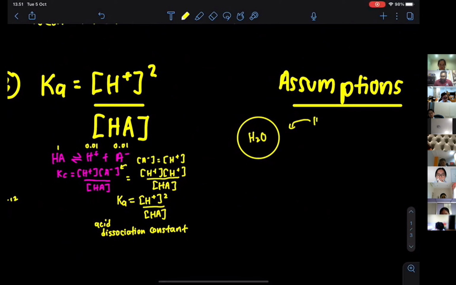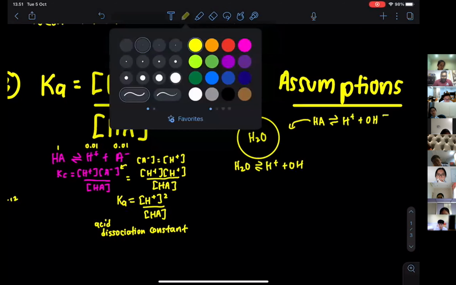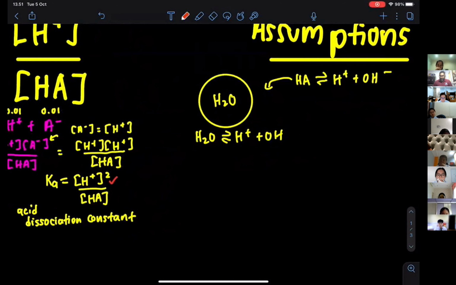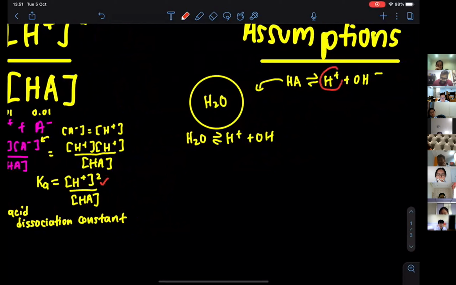We know that water also gives you H plus and OH minus. But in this formula, we only take the H plus from the acid. So what we did was ignore the H plus from water. That is the first assumption.